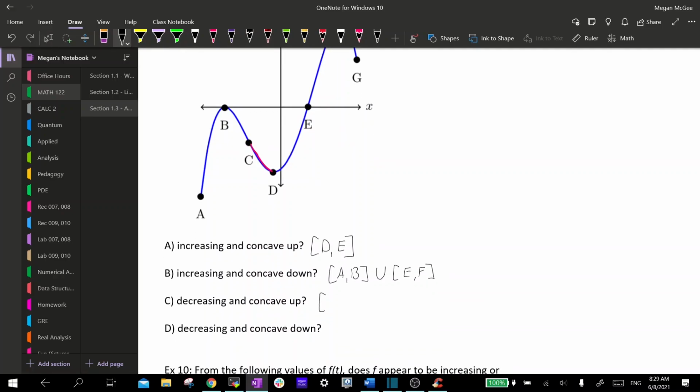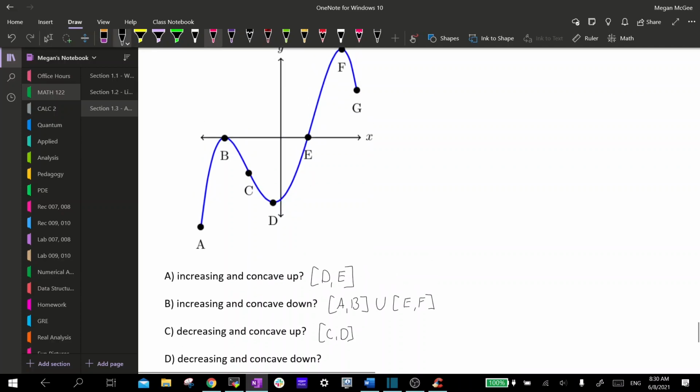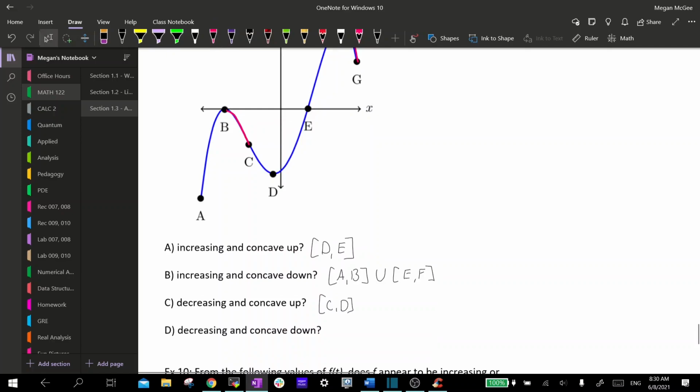So we're decreasing and concave up on C to D. So then decreasing and concave down, well, those would be our B to C and F to G. Alright, so B to C, union, F to G.